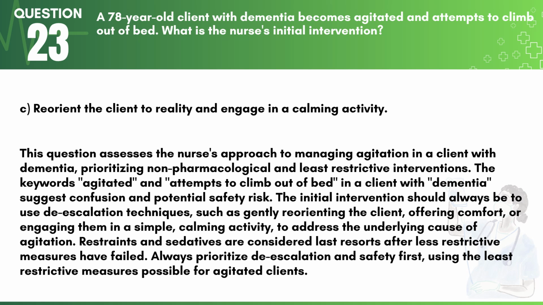The initial intervention should always be to use de-escalation techniques, such as gently reorienting the client, offering comfort, or engaging them in a simple, calming activity to address the underlying cause of agitation. Restraints and sedatives are considered last resorts after less restrictive measures have failed. Always prioritize de-escalation and safety first, using the least restrictive measures possible for agitated clients.